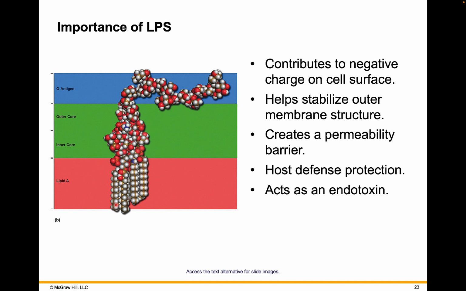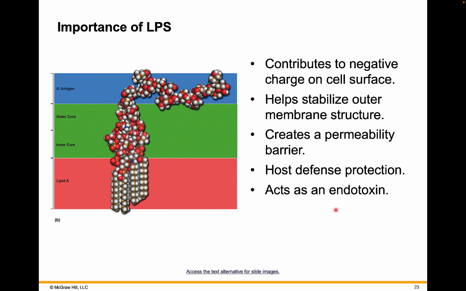So the endotoxin is the lipid A component of the lipopolysaccharide layer of the gram-negative bacteria. That's what is important, and we will talk about that in detail in some other chapter, endotoxin versus exotoxin.